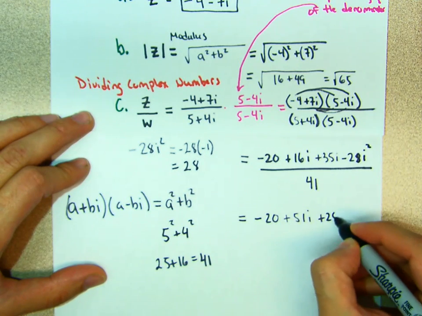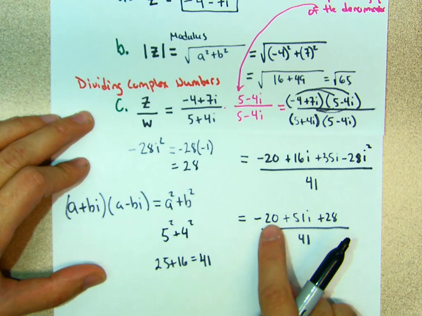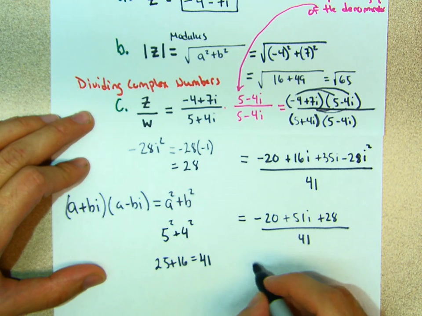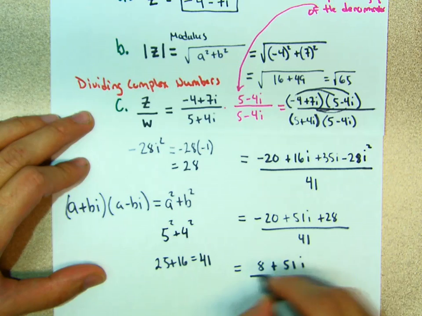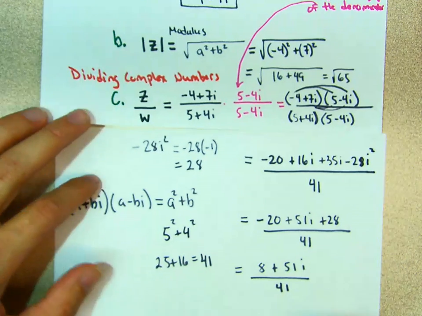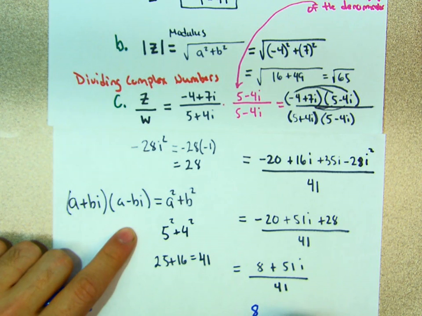So I just put a plus 28 here, and this is 41 on the bottom. And then here I'm going to combine negative 20 plus 28, which is 8, plus 51i, over 41. And now we do our split. So we just have 8 over 41 plus 51 over 41 i.